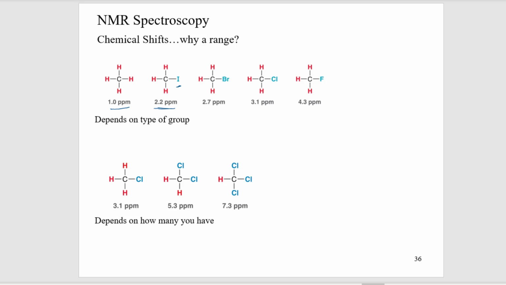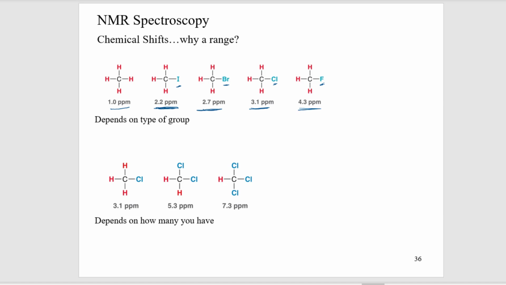Well, it shifts downfield, right? It goes more downfield to 2.2. If you switch the halogen to bromine, which is more electronegative, it shifts even more downfield. To chlorine, which is more electronegative, even more downfield. And fluorine, which is the most electronegative, is already at 4.3.